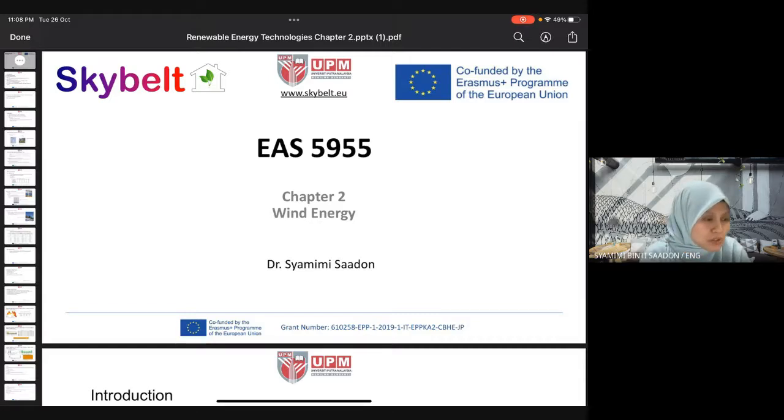In the coming chapters, chapter 2, 3, 4 and 5 and so on, we will look at one by one example of renewable energy technologies that are available. We will start with the first one in chapter 2, which is about wind energy.